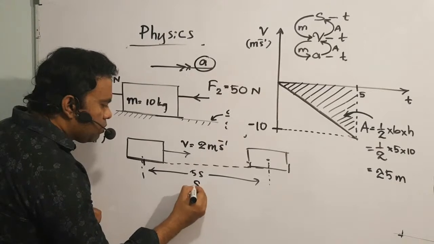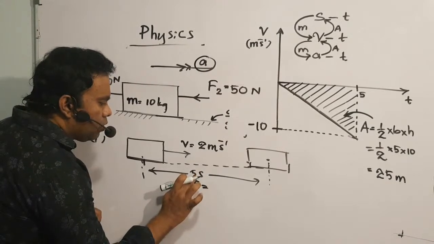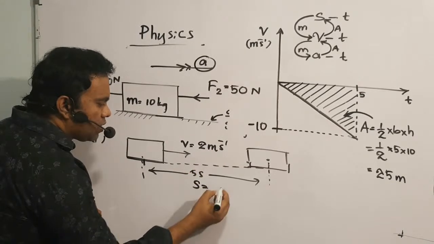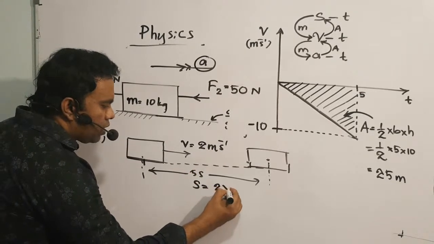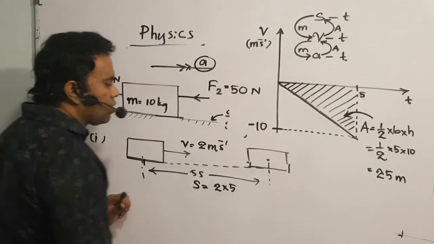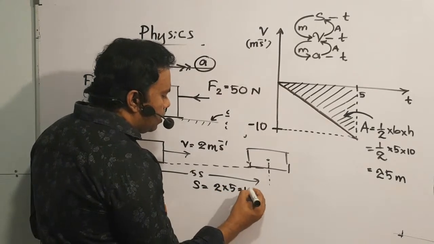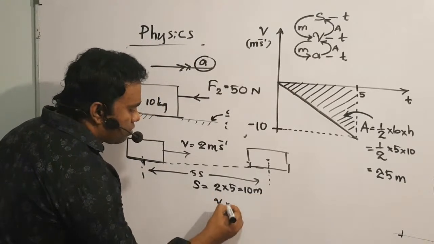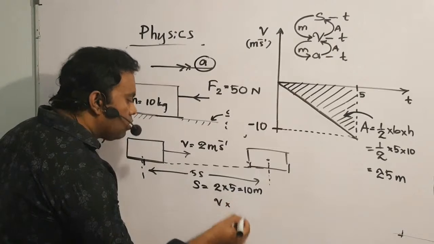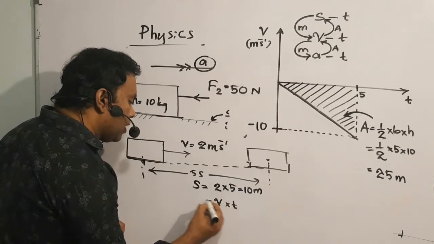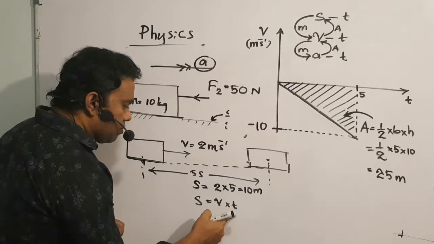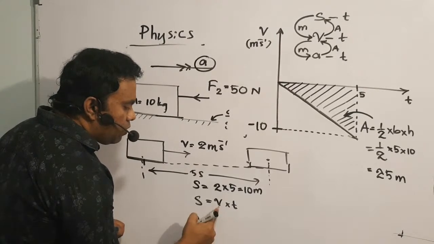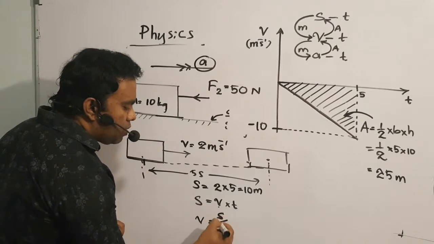So that displacement equals 2 per second, then within 5 seconds, 2 times 5. So that equals 10 meters. What is this 2? 2 is velocity. What's this 5? That's time. S equals Vt, because theoretically V equals displacement upon time.